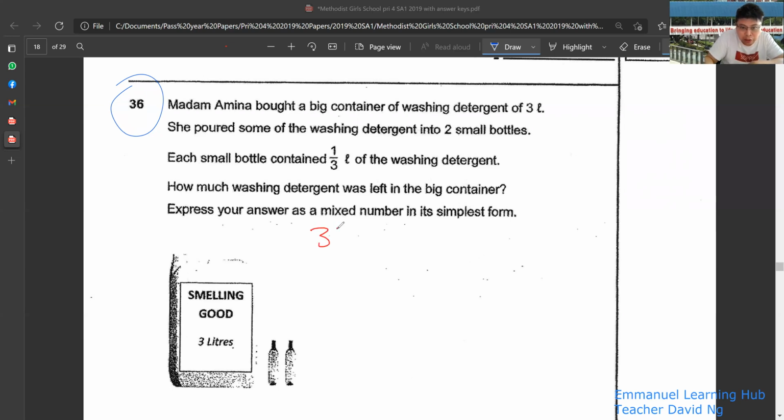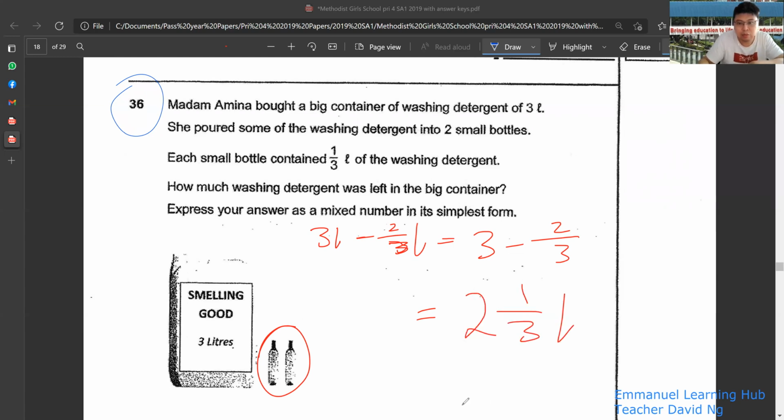So the big container is 3 liters. Each one contained 1/3, right? So 2 bottles will contain 2/3. So 3 minus 2/3 is 2 and 1/3.